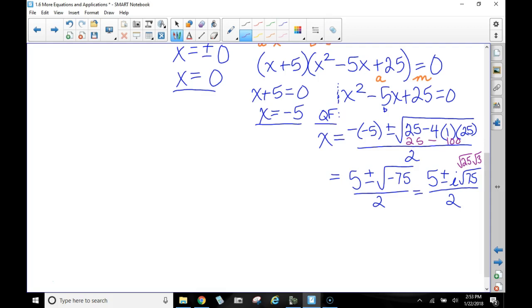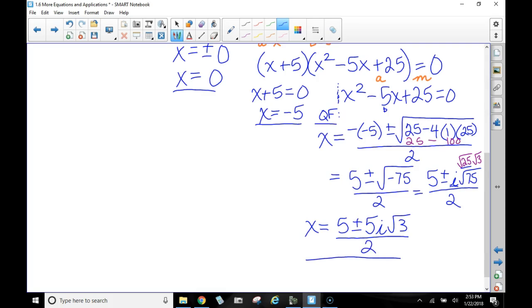So the best way to write our simplified form of this is 5 plus or minus 5i square root of 3, and then it's all over 2.